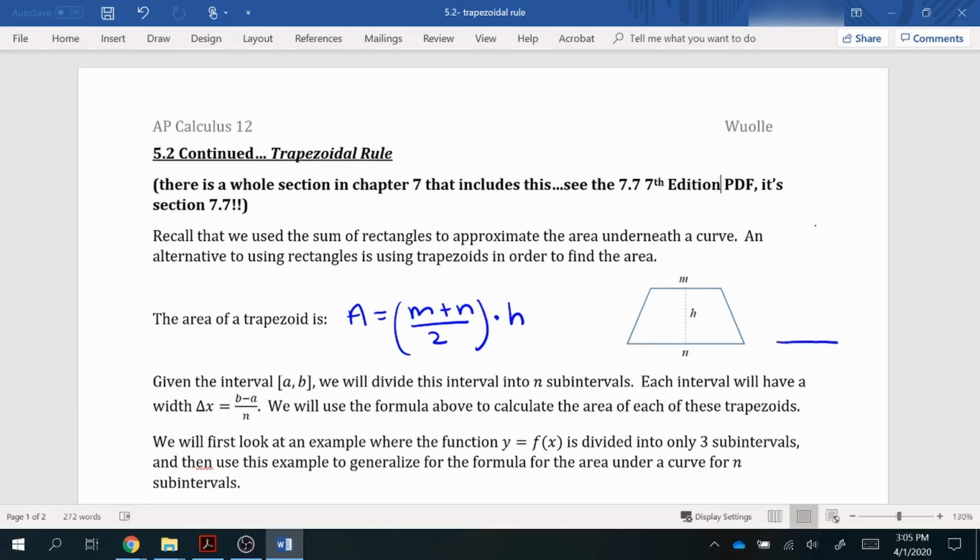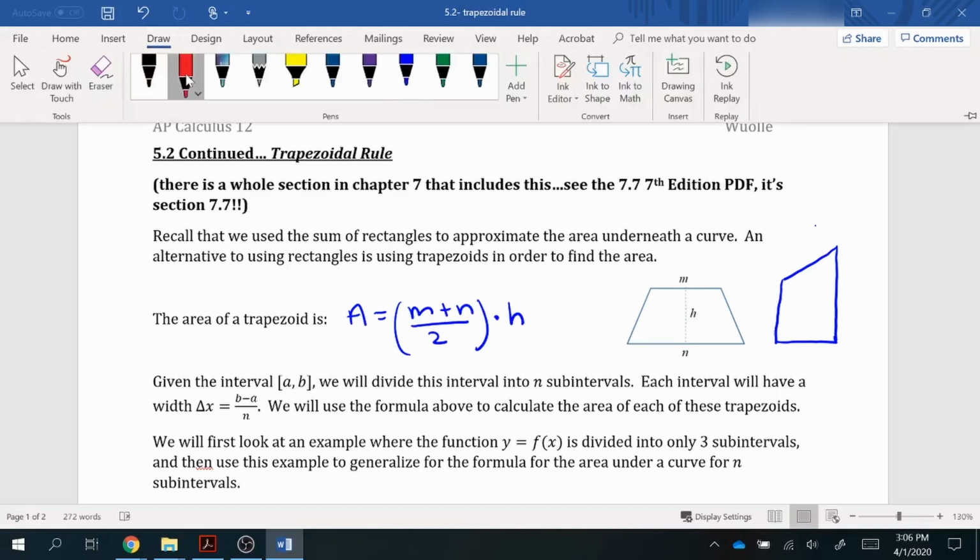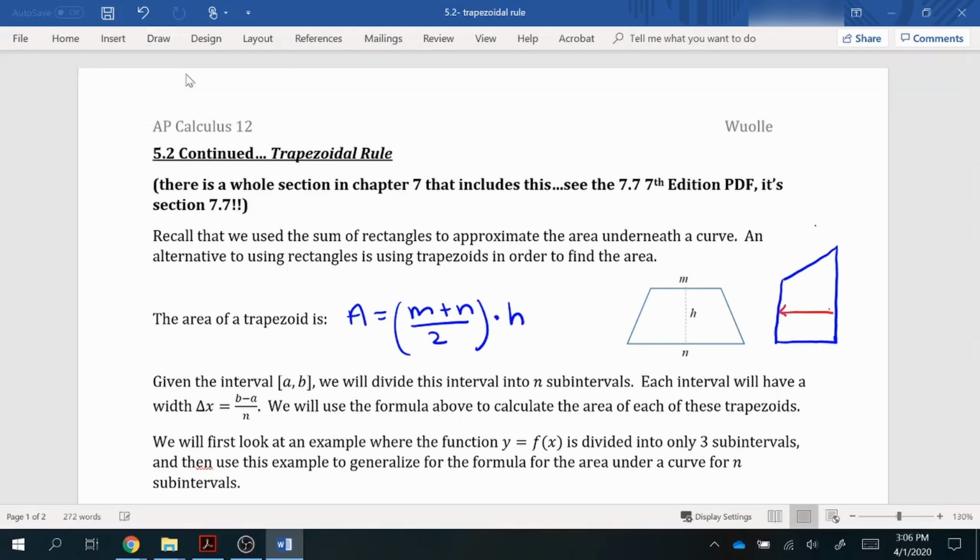Our trapezoids are usually going to be almost like sideways like this, where h is actually going to be like the width of our trapezoid if we think about it from side to side in our picture, and m would be one of the heights, and n would be the other height.